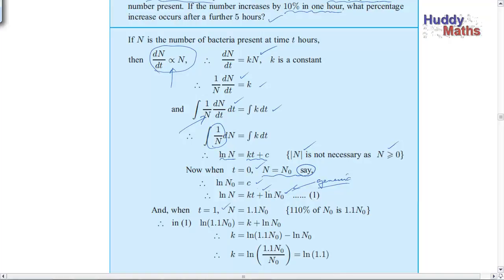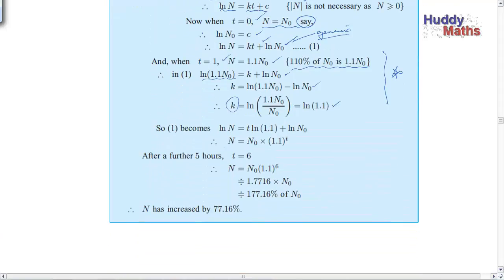When t is 1, we know that it is 1.1 n0 because it's gone up by 10%. So we can find k by putting in 1.1 n0. Looking messy, isn't it? Got to be careful here. We can actually evaluate k as ln 1.1. This is hard here to realise how to use the 10% increase in the original and sub that in. Got to be a little bit tricky there.